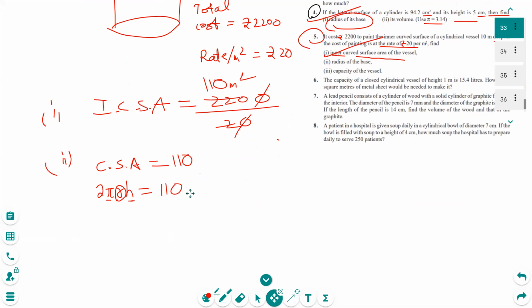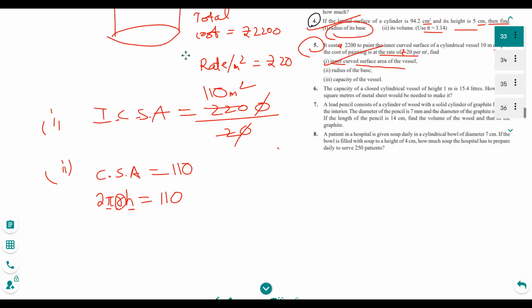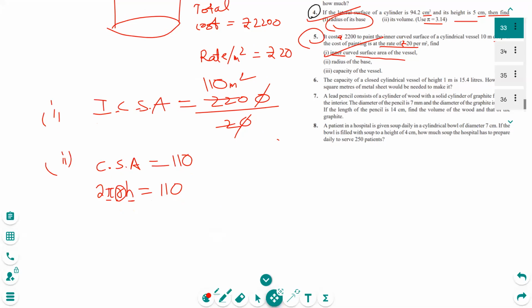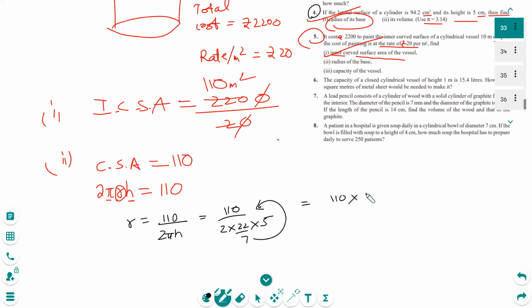1.75 meter. Is there anyone else who got the answer? I only hear one student's voice. I don't think this is that difficult. We have 1.75. 22 by 7, 5, this is 3.5.